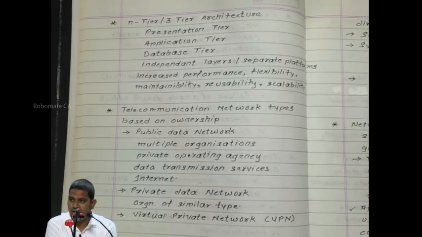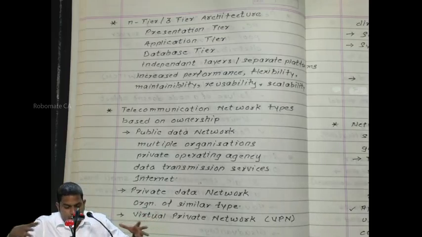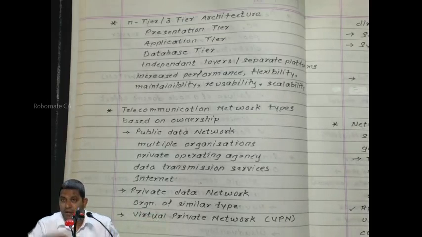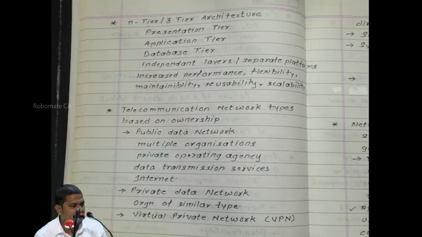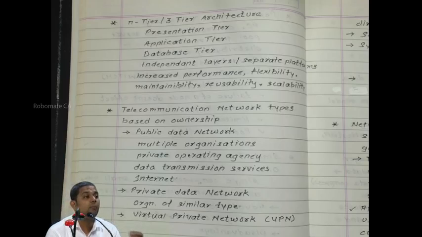In the same way, here these organizations will be coming together to form a public data network. So multiple organizations come together, right? Now this particular network traffic, networking will be controlled by a private operating agency. Now this will be a small organization who is specialized into offering computer services, networking services.